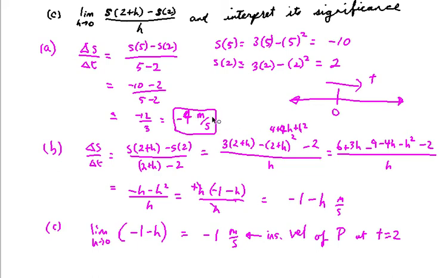Up here, this was my average velocity. You can see how off this was because it had a big interval. It had a 3-second interval, whereas this has an instantaneous velocity. There is no interval. I'm looking right at a point. So you can see how different this is from this.